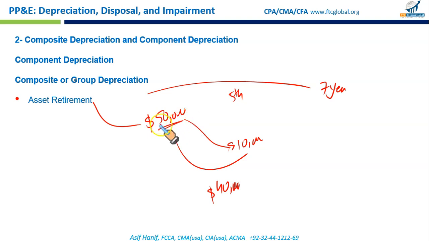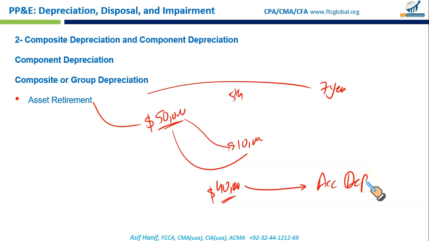This is what we do in a composite or group depreciation, in which we simply compare the cost versus the disposal value. The difference, whether a gain or loss, goes as a credit or as a debit to accumulated depreciation. Please, I'm going to repeat.